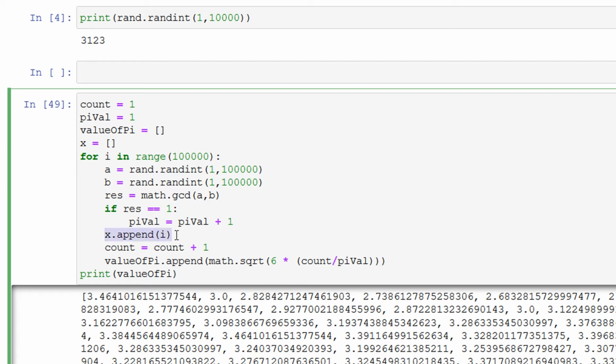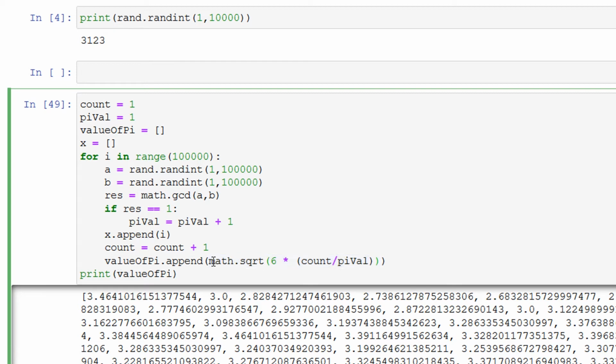And then x.append, I'm just appending the epoch values 1, 2, 3 and so on, and this count will be used to calculate the value of pi in every epoch. Then we can see that the value of pi is a list, and in every epoch we append the calculated value of pi to the list.